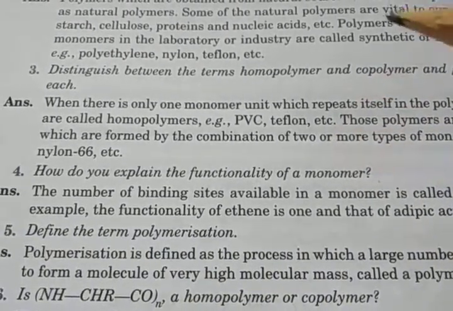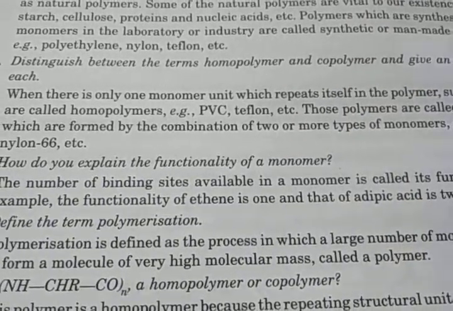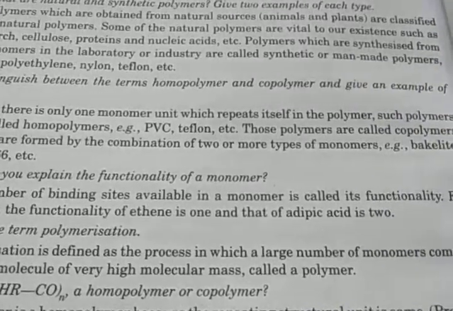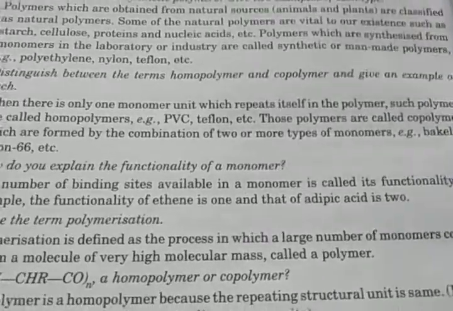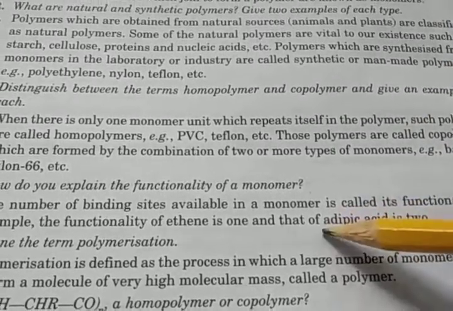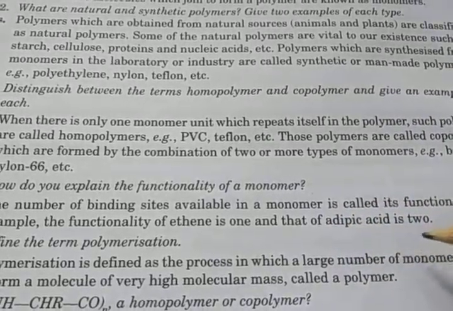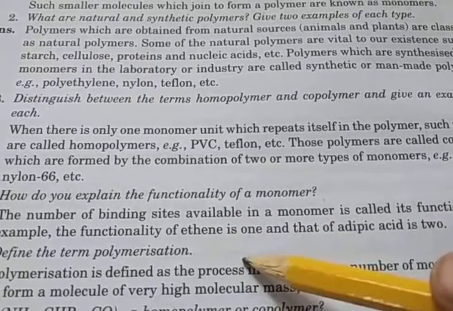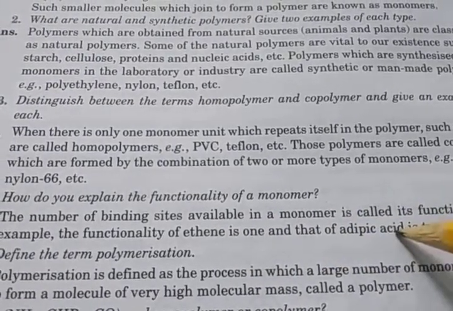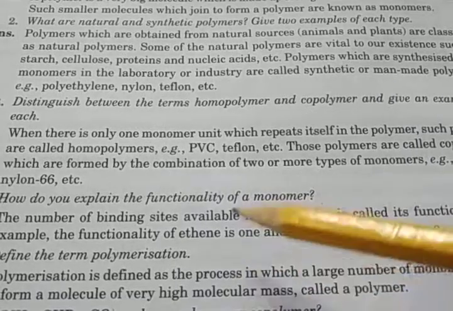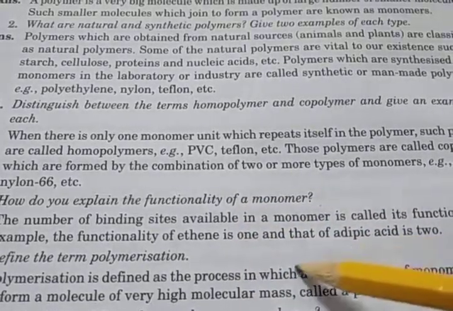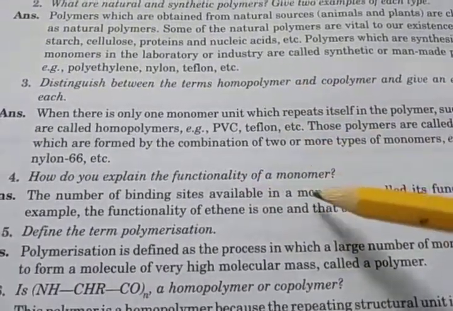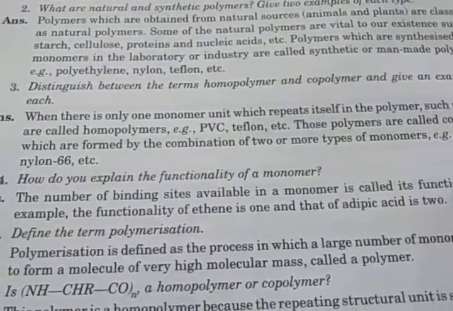For example, the functionality of ethene is 1 and that of adipic acid is 2, because ethene has 2 carbons and 1 double bond. So we determine functionality according to the binding sites. The number of binding sites available in a monomer is called its functionality.